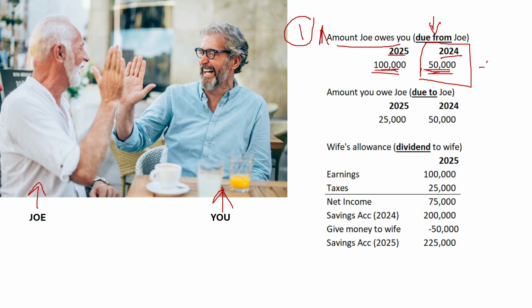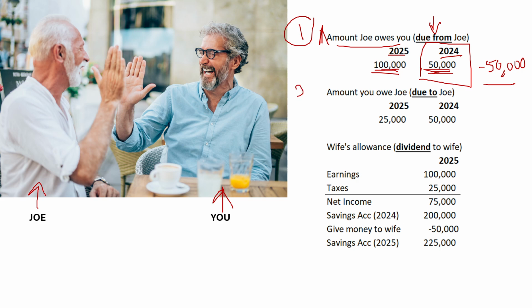We know that $50,000 must have left your bank account to Joe, because if you lent him $50,000, you need to have the $50,000 go out of your account in cash, right? So this is a distribution from you to Joe, based on this IOU slip that says how much Joe owes you, because it went up. That means you lent him $50,000, which means cash went out of your account. Hopefully that makes sense.